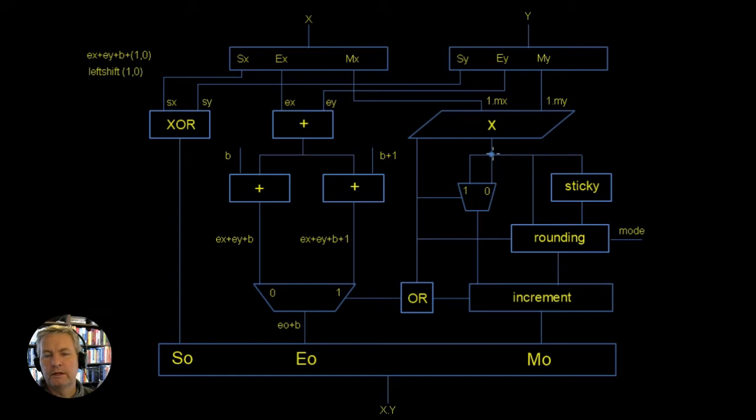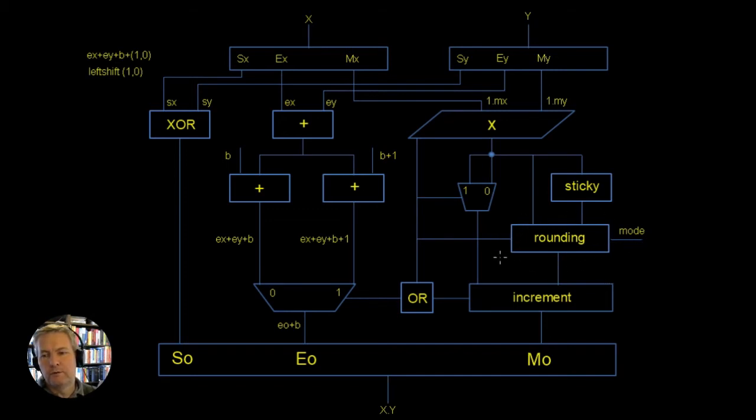We're also interested in the other 22 bits that sit to the right of the guard bit, and those 22 bits are the bits that get ORed together to produce our sticky bit. Each of these goes into the rounding section along with the 48th bit here, which we're not using for the moment but does get used in the rounding section for certain modes. So these are all the inputs that we need into the rounding section.